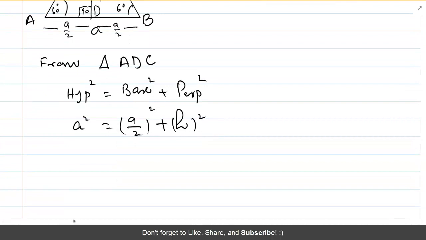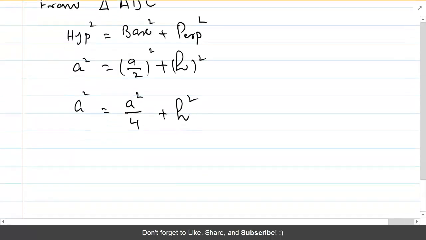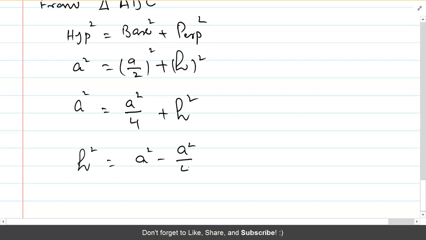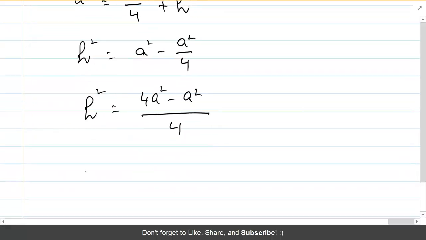So if we were to simplify this, A square is equal to A square over 4 plus H square. Then find the value of H square, which would be A square minus A square over 4. This is equal to 4A square minus A square over 4, so H square is equal to 3A square over 4.